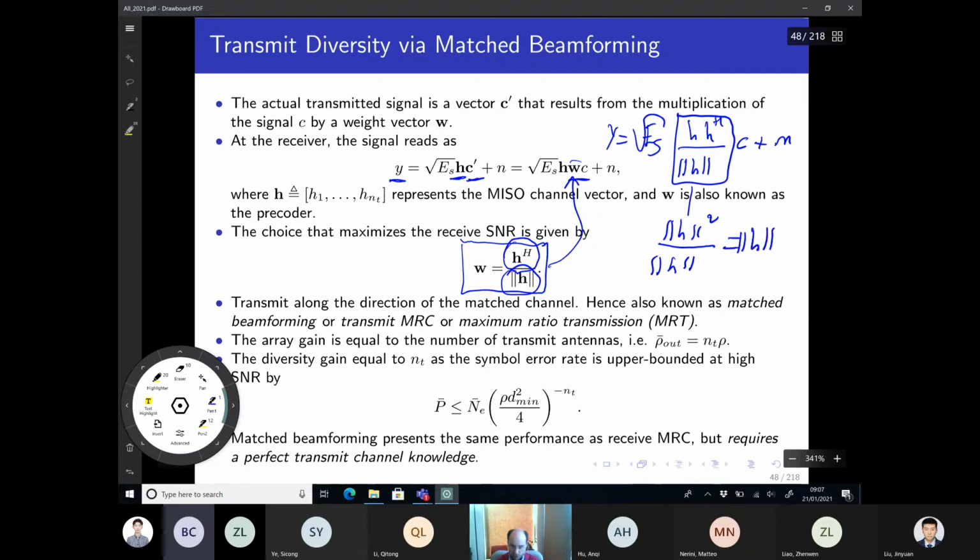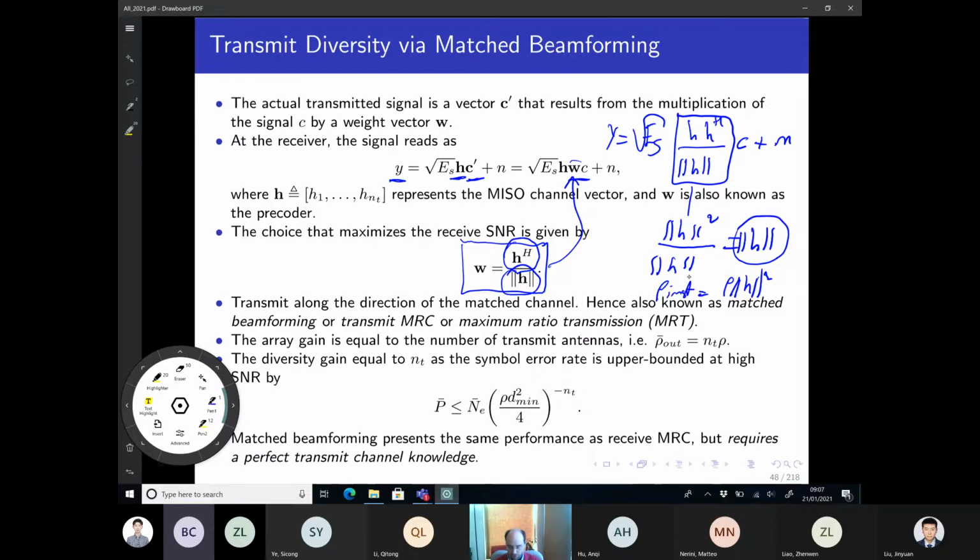So you're going to have an SNR that will be proportional to the square of that norm, which is exactly what we had with the MRC. So your instantaneous SNR is rho times the norm of h squared.